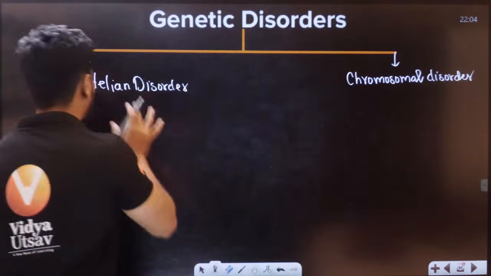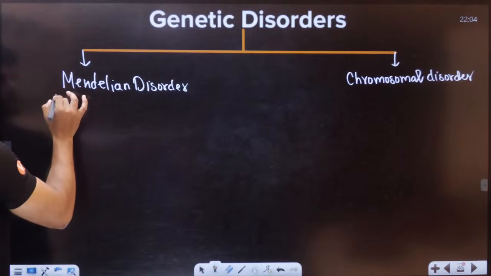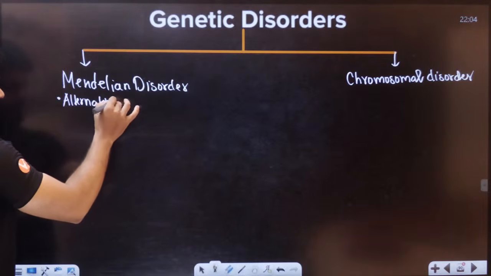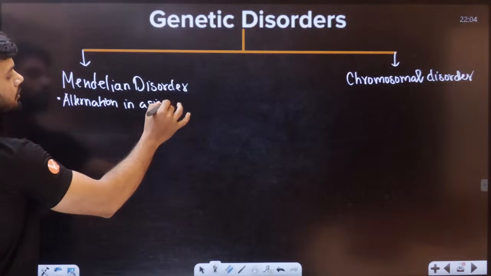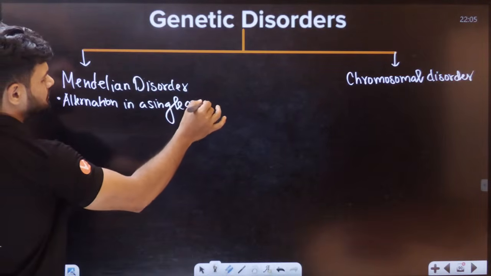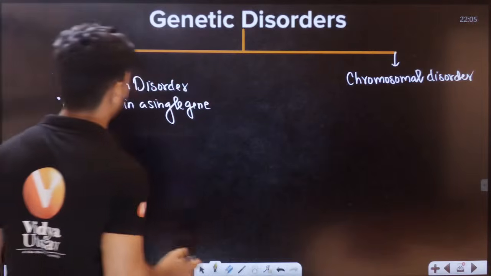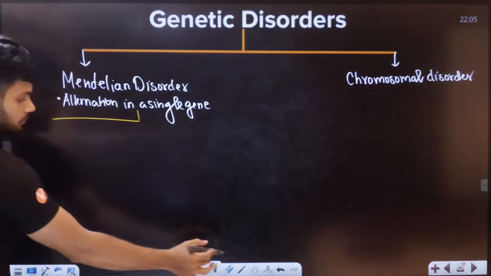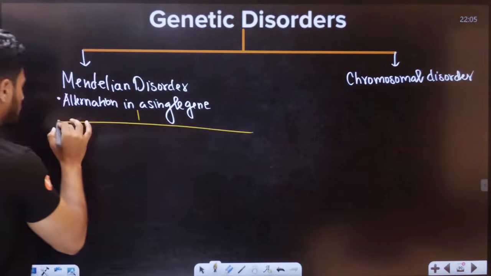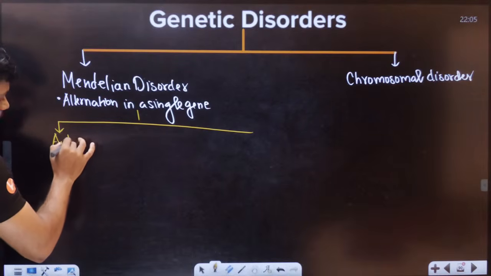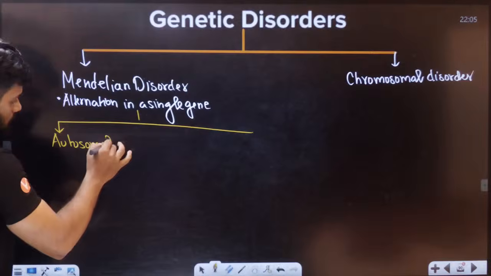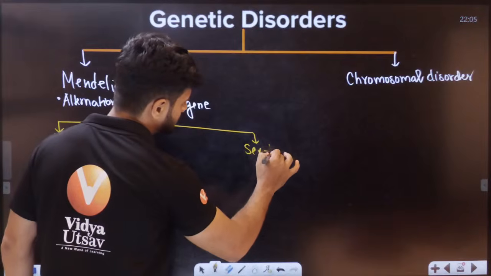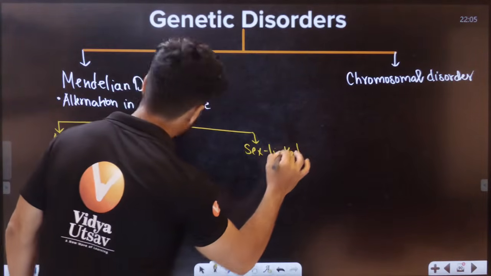Under Mendelian disorder, all of you remember, it is mainly because of alteration in a single gene generally. Under Mendelian disorder we have two categories: one is autosomal, and one is sex-linked.